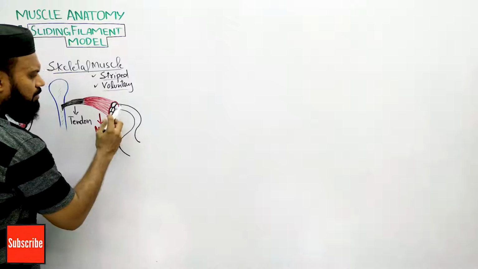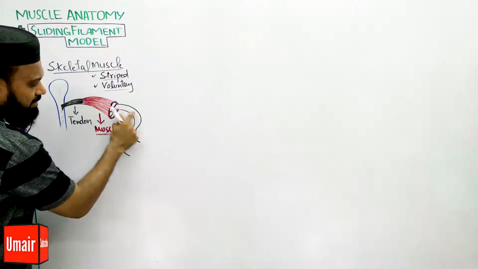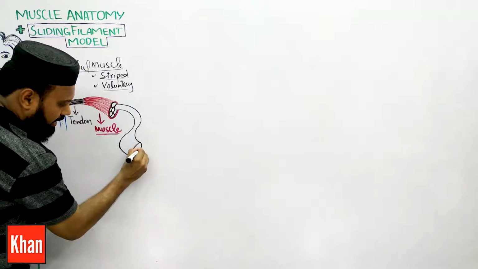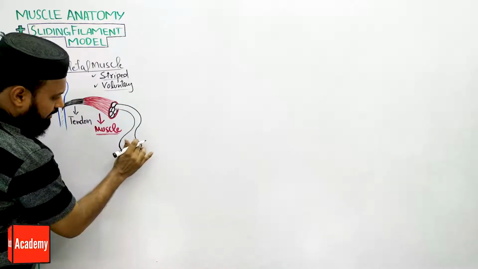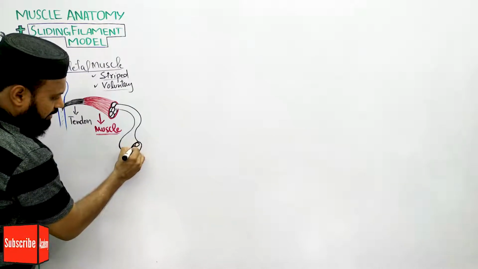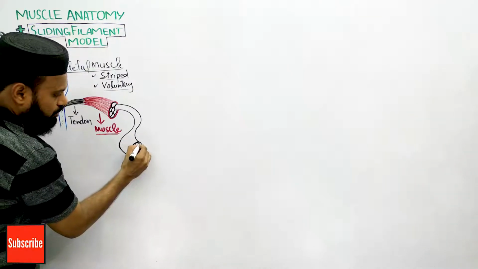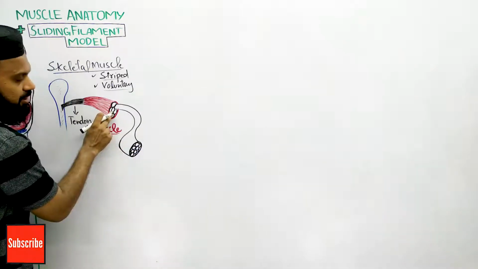Actually, all fibers here are also called muscle fibers. So this muscle fiber ends like a cross section area again. This cross section area also has some kind of rings, indicating that there are also cross sections of different kinds of fibers. So the same thing is here as this section indicates.